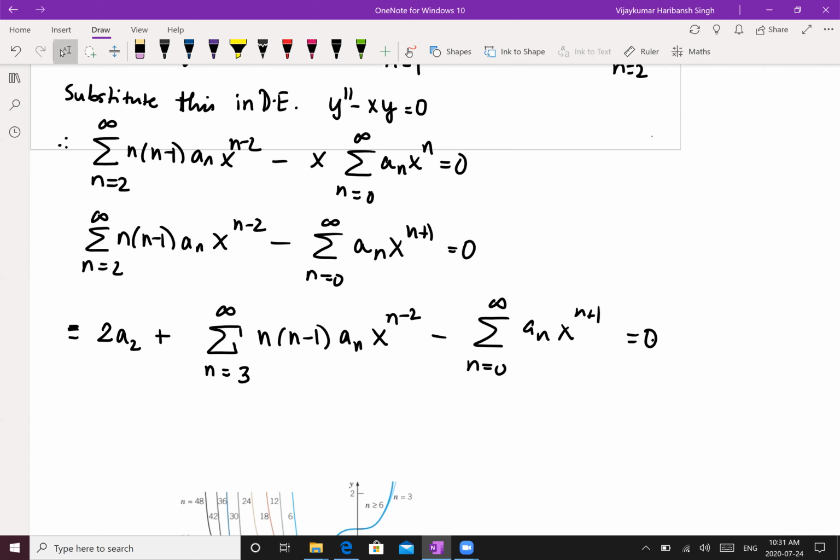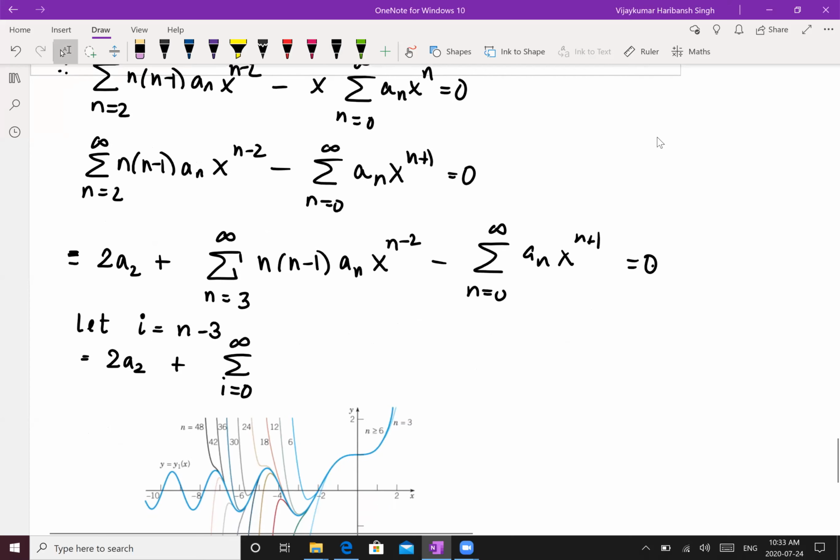So I'll bring this up, and the way I'll do that is the following. Again, let i be n minus 3. So what do I get? This becomes 2a2 plus summation i going from 0 to infinity. So n is going to be i plus 3.